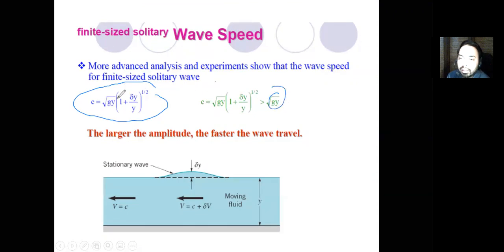So we add this additional term to calculate the surface wave velocity. So the larger the amplitude, the faster the wave travels. So with the dy, if you have a bigger surface wave, then it will travel faster.